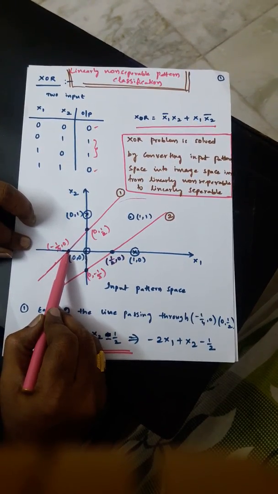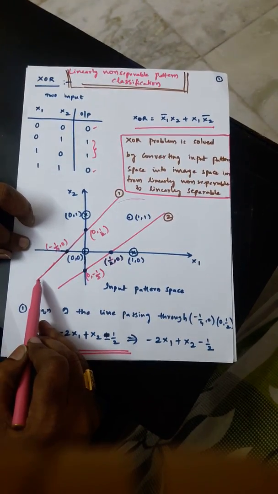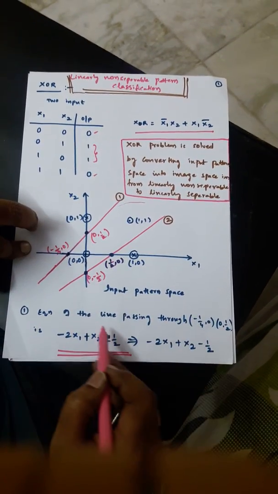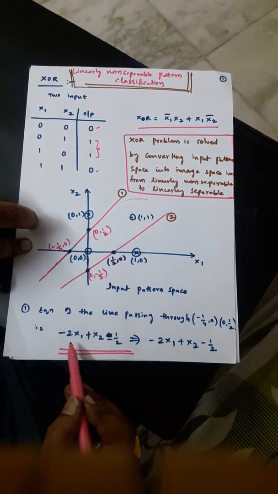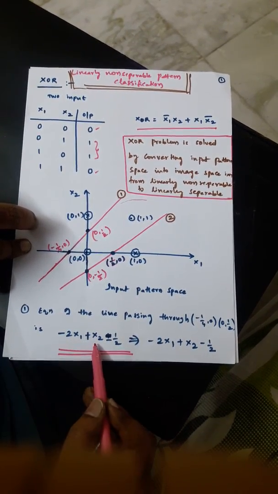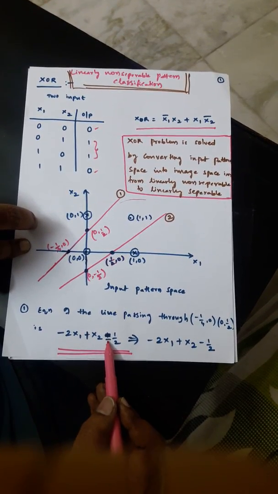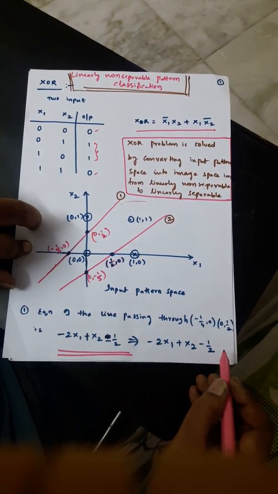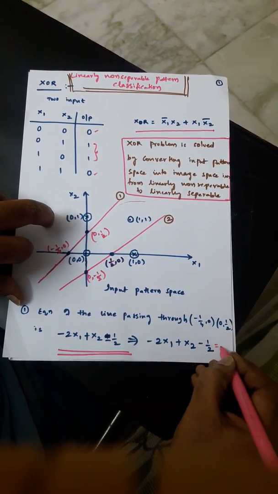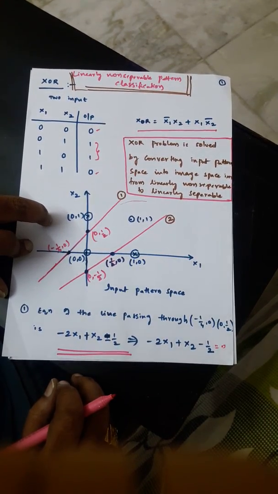Now minus 1 by 4, 0 and 0, 1 by 2 are the 2 points corresponding to line 1. You know that I can find the equation of this straight line, which is obtained as minus 2x1 plus x2 equal to 1 by 2. That is nothing but minus 2x1 plus x2 minus 1 by 2 equal to 0. So that is the equation of the line.